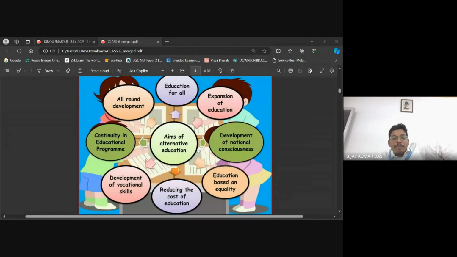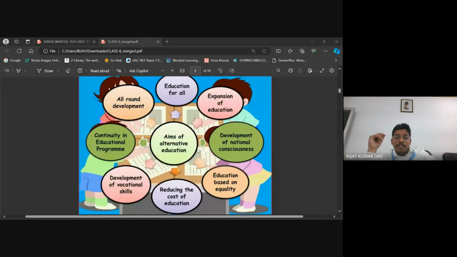Continuity in educational program. So it also brings continuity in the educational program. Suppose you do not get a seat in any institution or university where you have to take admission. By chance, you have done something wrong in your application form, or you failed to produce documents, or you failed to attend the admission day, and you missed it.